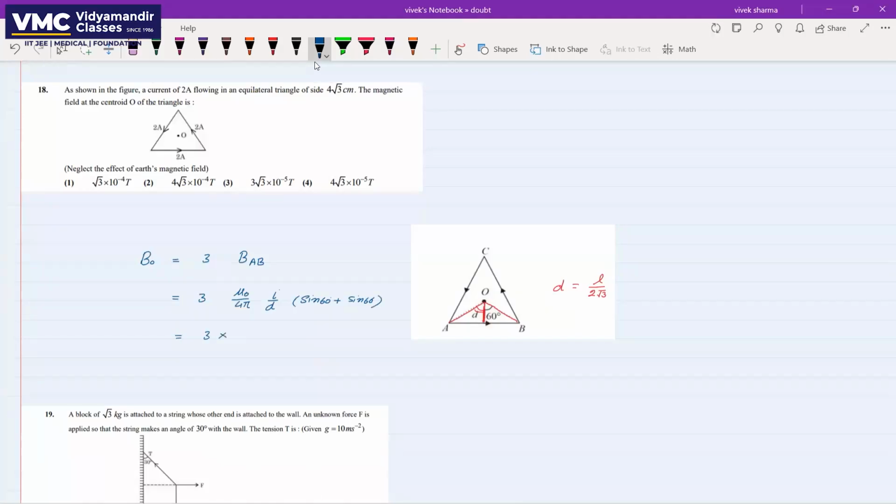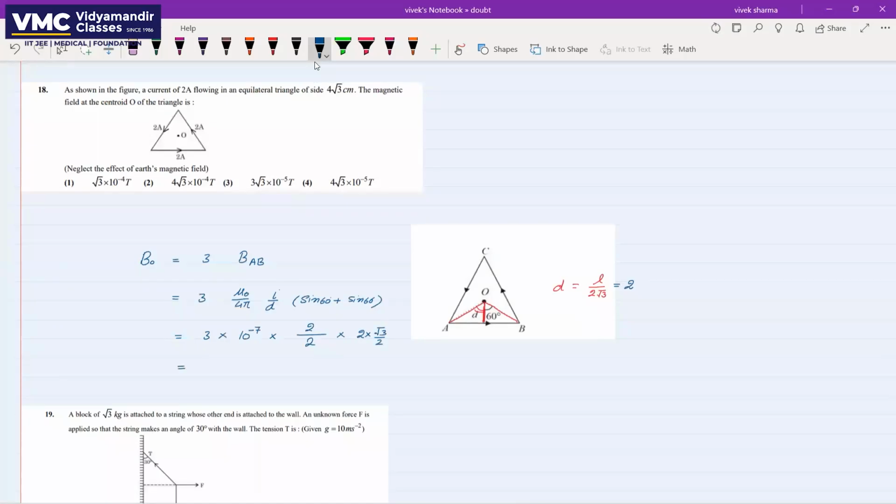Okay, 3 mu naught upon 4 pi is 10 raised to the power minus 7. Current is 2 ampere. D is L upon 2 root 3. L is given as 4 root 3, divided by 2 root 3, it will become 2, and 2 into sine 60. Sine 60 is root 3 by 2.